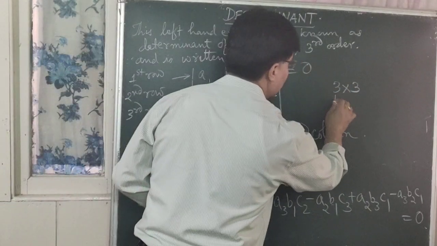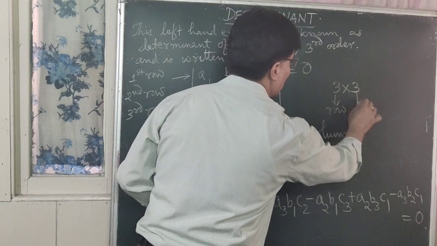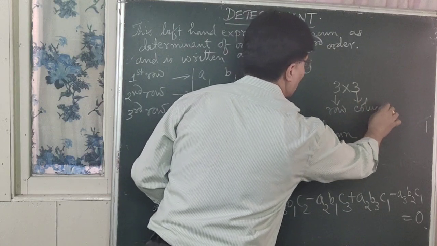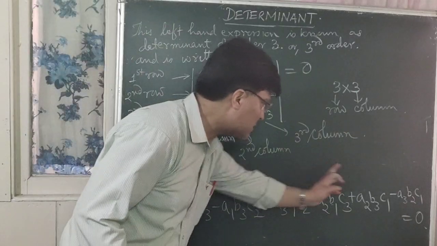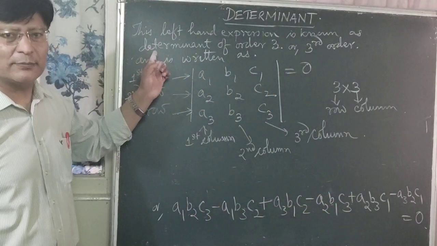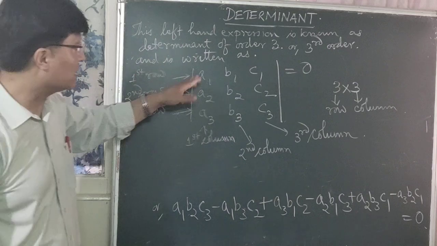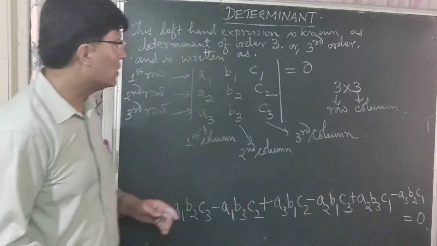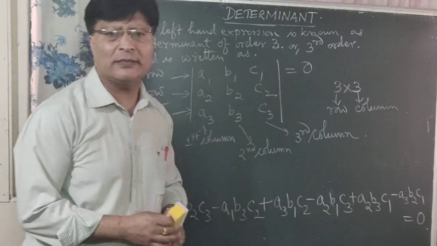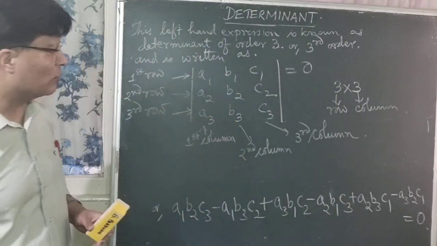What does first denote? Row. What does second denote? Column. Is that clear? So this left hand side is known as the determinant of order 3 and is written in this way. Is it clear? So how many rows and how many columns are there? There are 3 rows and 3 columns.